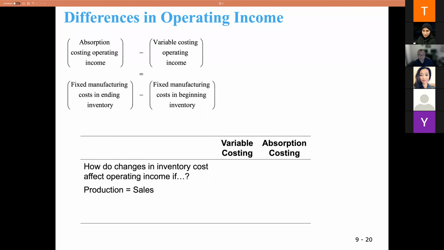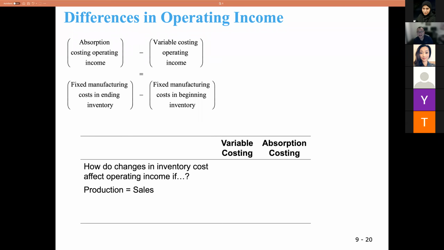Your ending inventory is the same as the beginning inventory. If you produced 10 units and you sell 10 units, how does your inventory change? You sell exactly the same amount as the production. Does that change your inventory? No, it doesn't change. That's why it's the same, right?